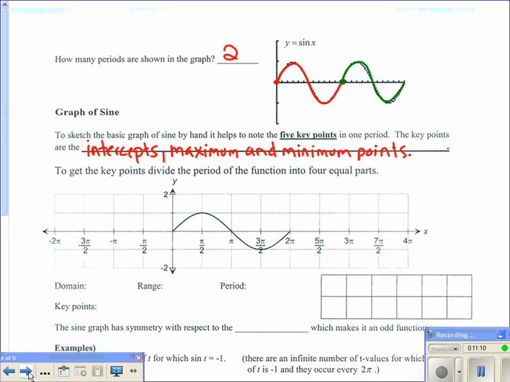So those are going to be the key values: the intercepts, the maximum, and the minimum points of your graph. To get the key points, you are going to divide the period of the function into 4 equal parts.